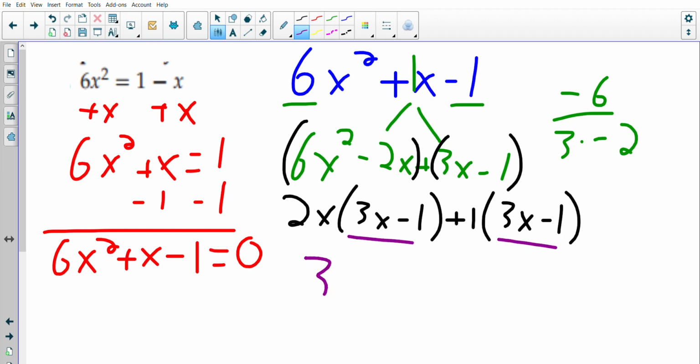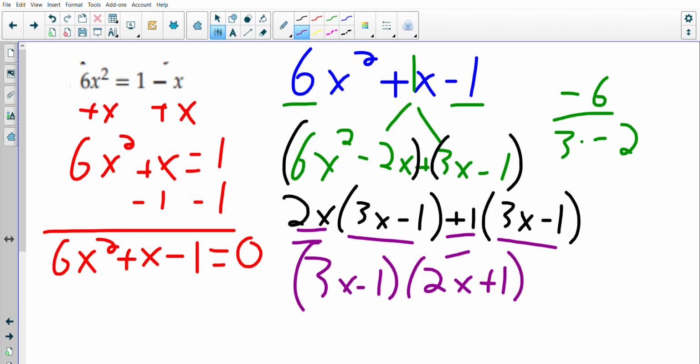So I take what's common, 3x minus 1, and then I take what's left, so I have 2x plus 1. So 6x squared plus x minus 1 factors into 3x minus 1 times 2x plus 1.